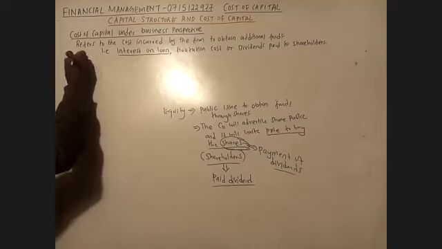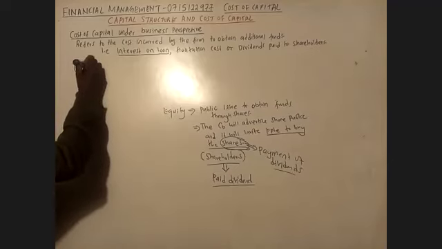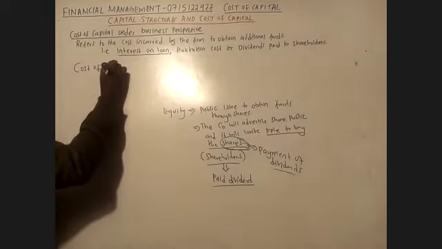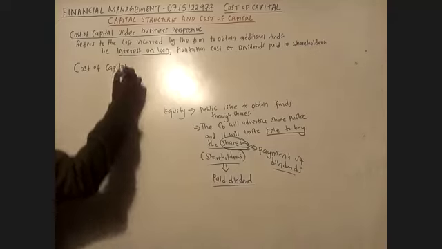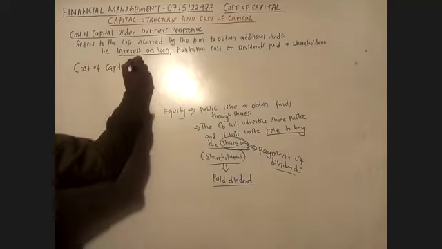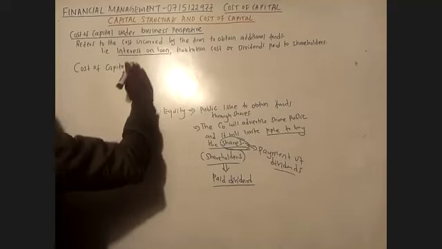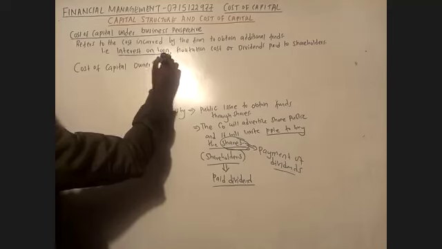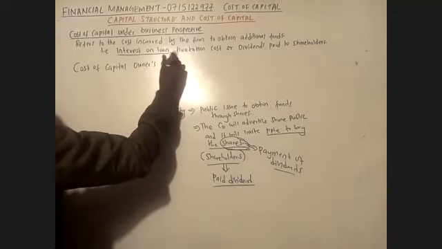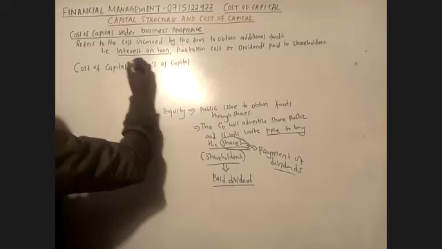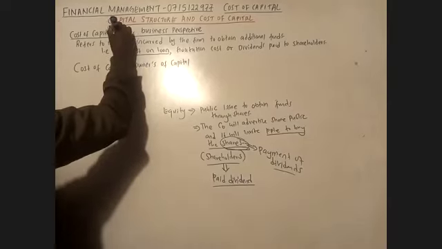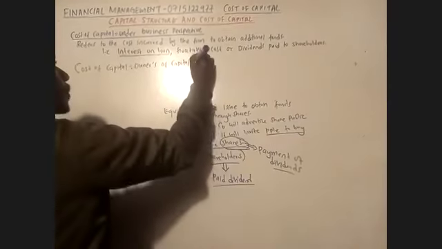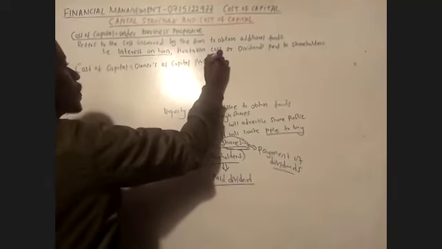Now, another way you can define cost of capital, and you can use any definition, is under the business perspective, or under the owners of capital perspective. How do you define it?